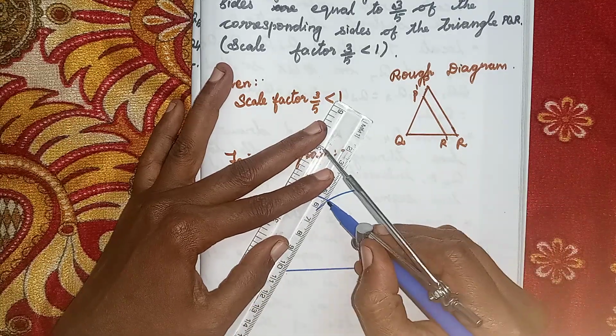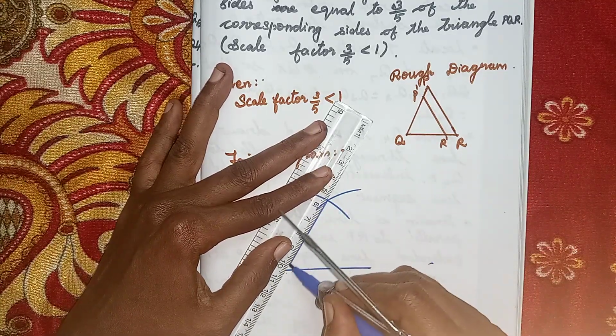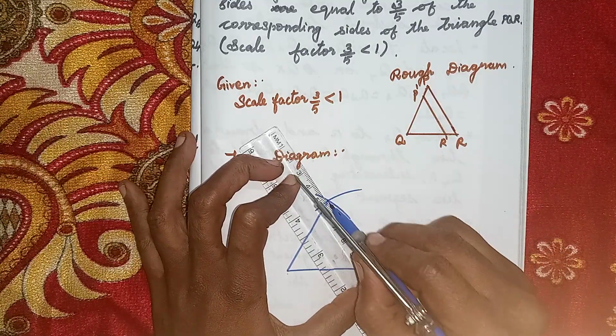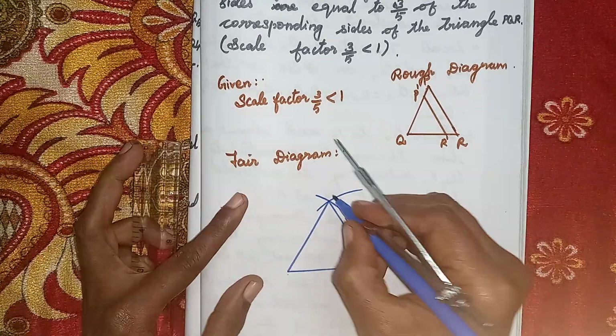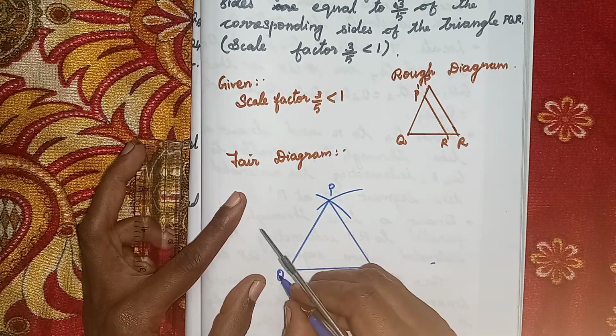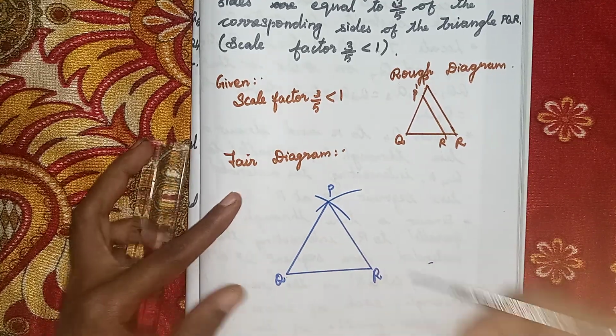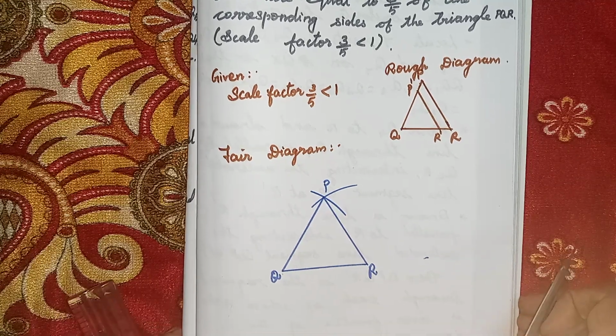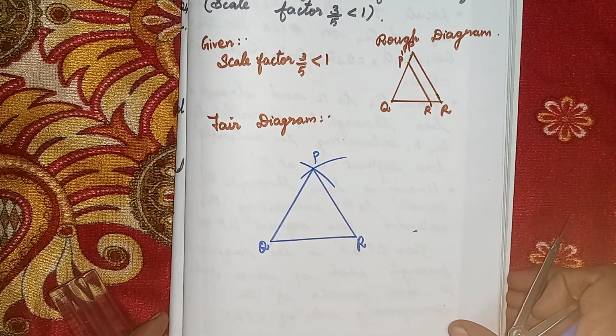Now I am constructing a triangle PQR with side 5 centimeter. Have you understood this much?